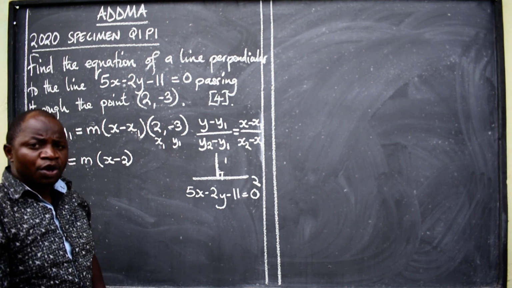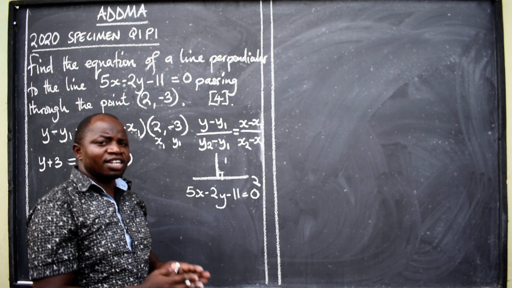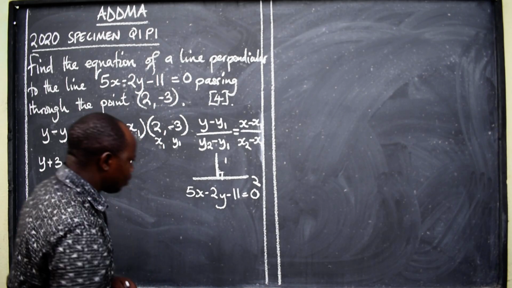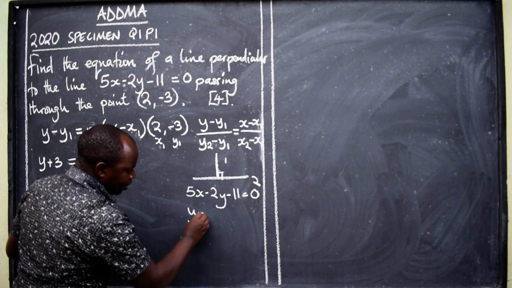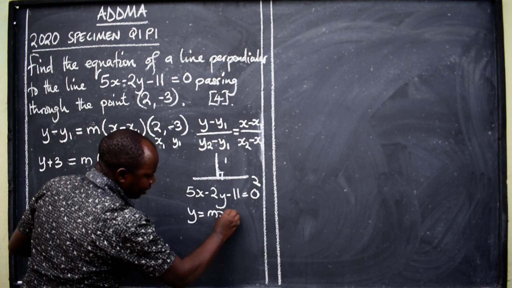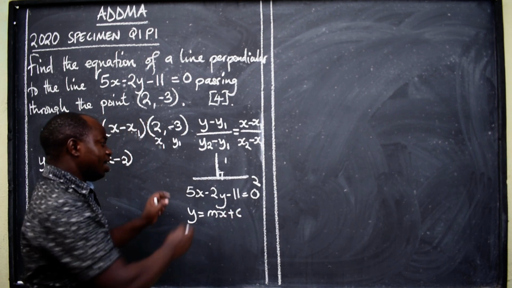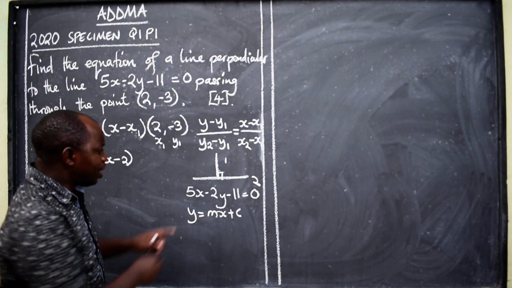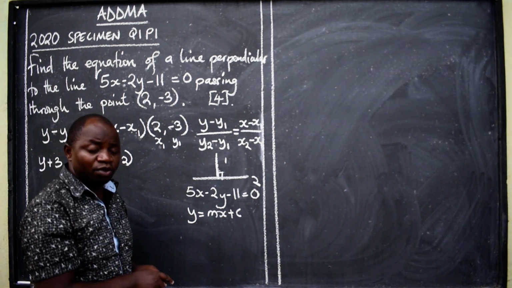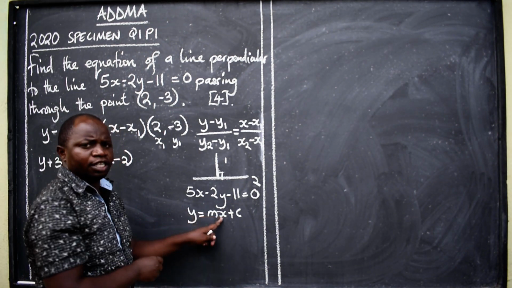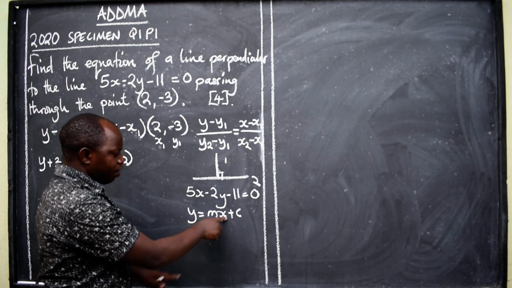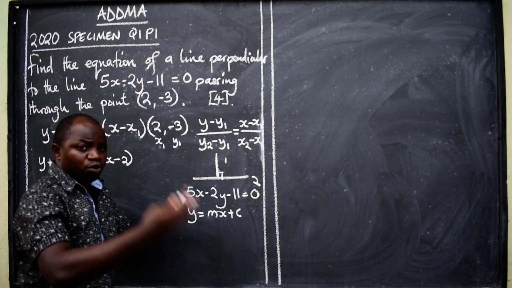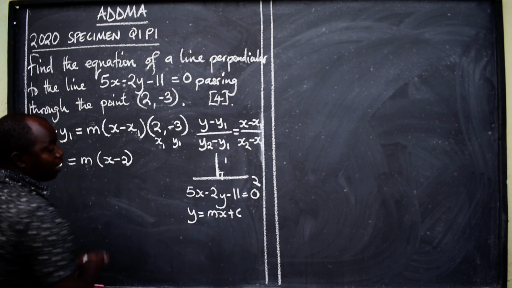How? We have what we call the gradient intercept form, which is y is equal to mx plus c. Meaning, in this equation that we have been given, we are going to make y the subject of the formula, and the coefficient of x will be the gradient. Now you will see what will happen at that stage.